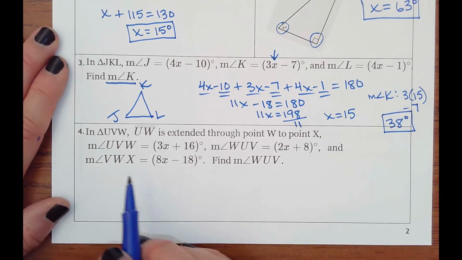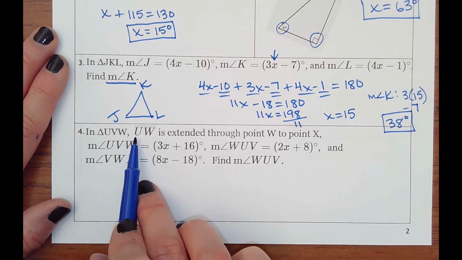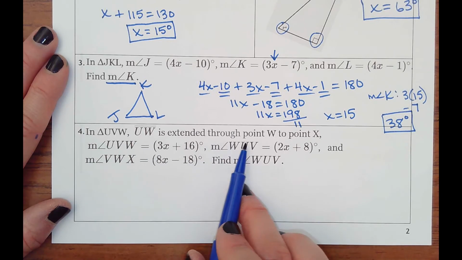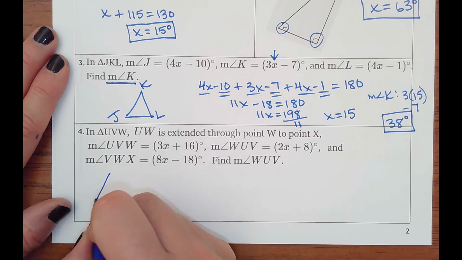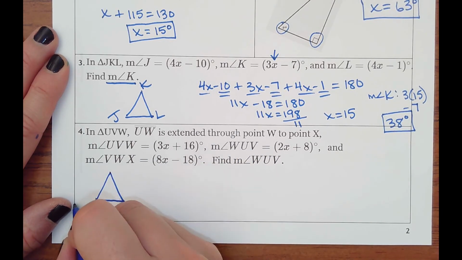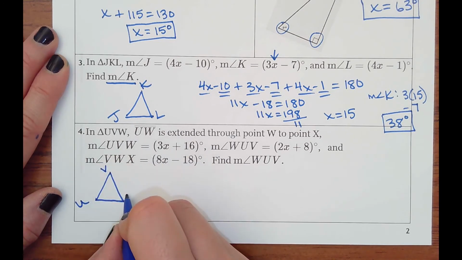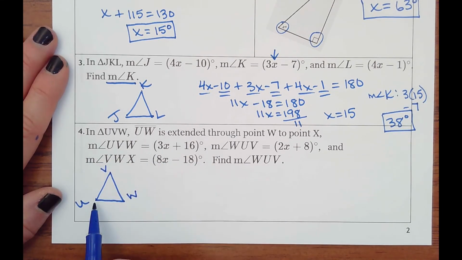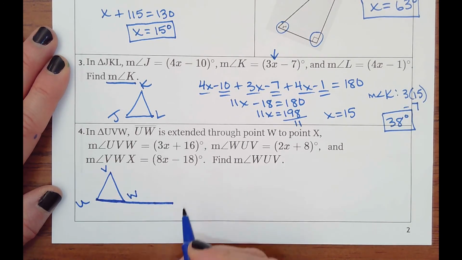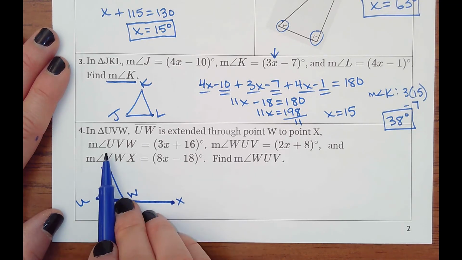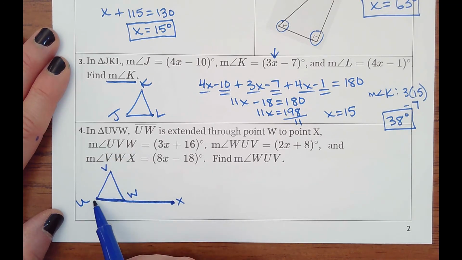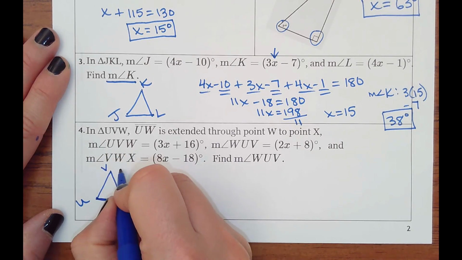Number 4, we've got triangle UVW, and they've got UW extended through point W to point X. Let's draw that. Let's say UVW. This line right here, UW, is going to be extended out to point X. The measure of angle UVW would be here.